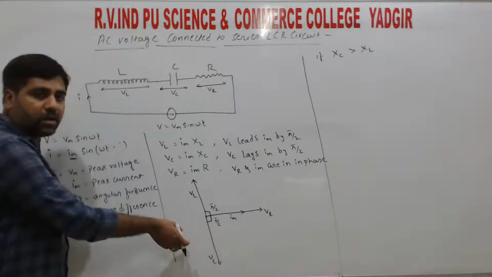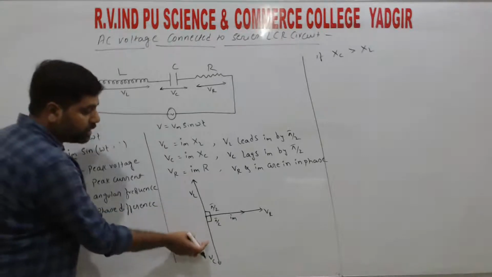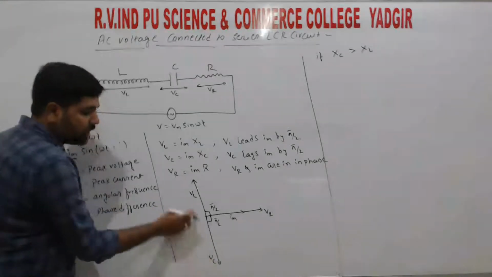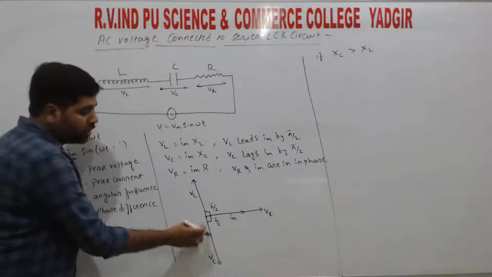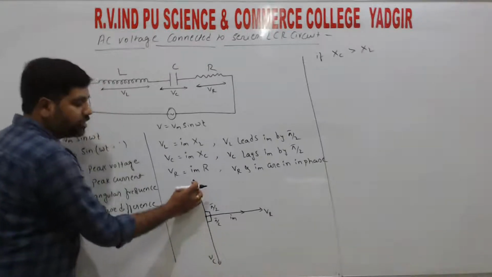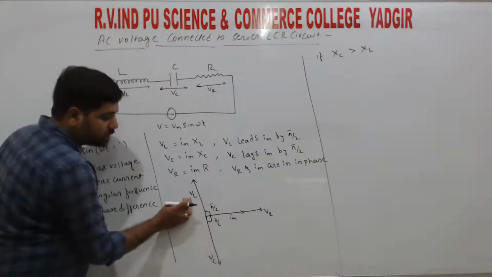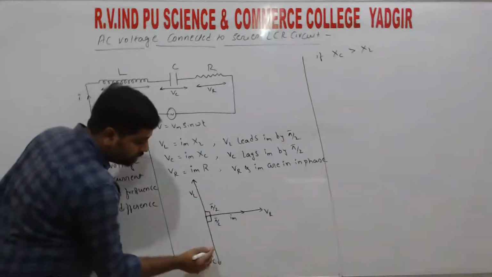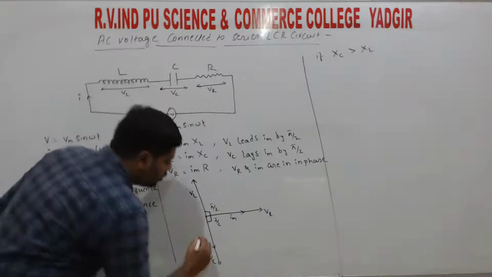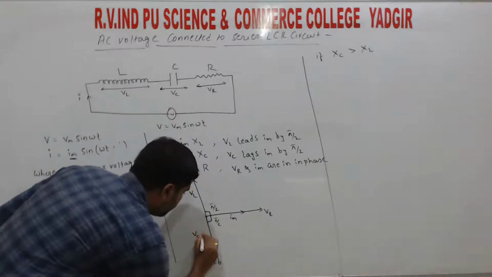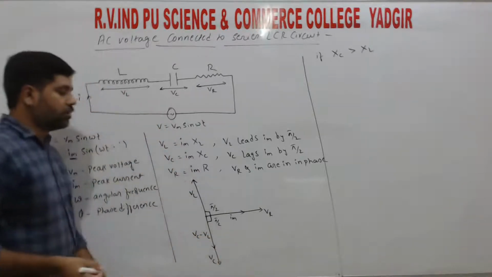Phasor is nothing but the vectors, right? So we can take the resultant of these two, VC and VL. So resultant means, VC has the larger value and VL has the lesser value. If we take the resultant VC minus VL, that will be in this direction. So this gives VC minus VL.